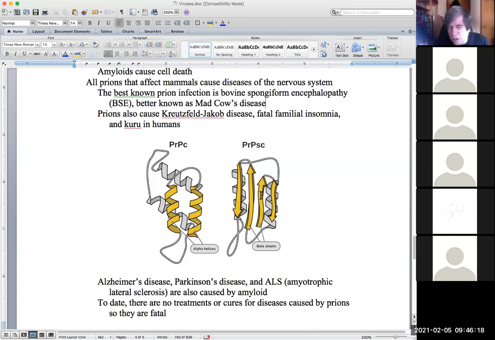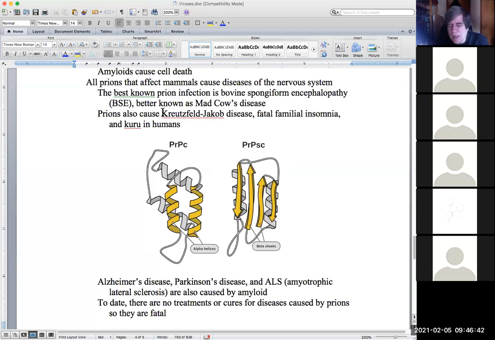Remember, the beta sheet was another secondary structure. And notice that even our alpha helixes, although they're here, they're oriented in a different direction. They're not going in the same direction. And if we notice, the shape of these connecting sections is also different. So this changes the shape of the protein.